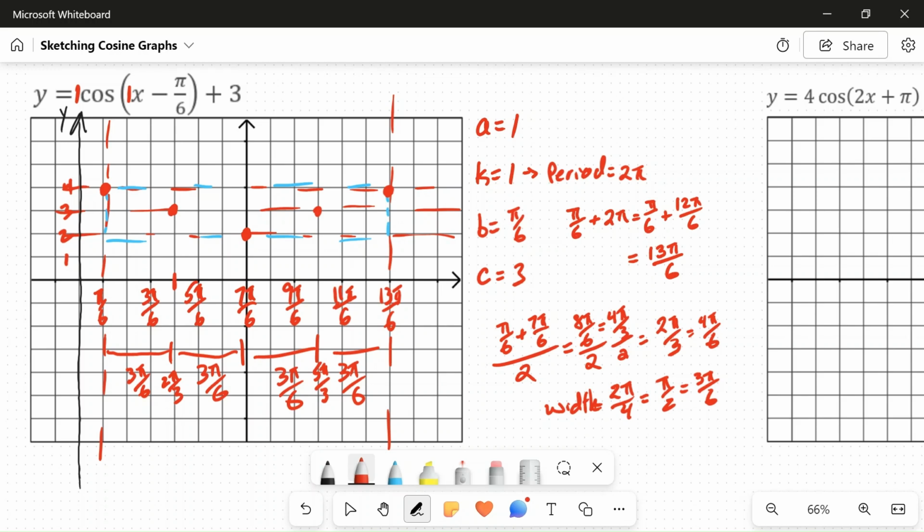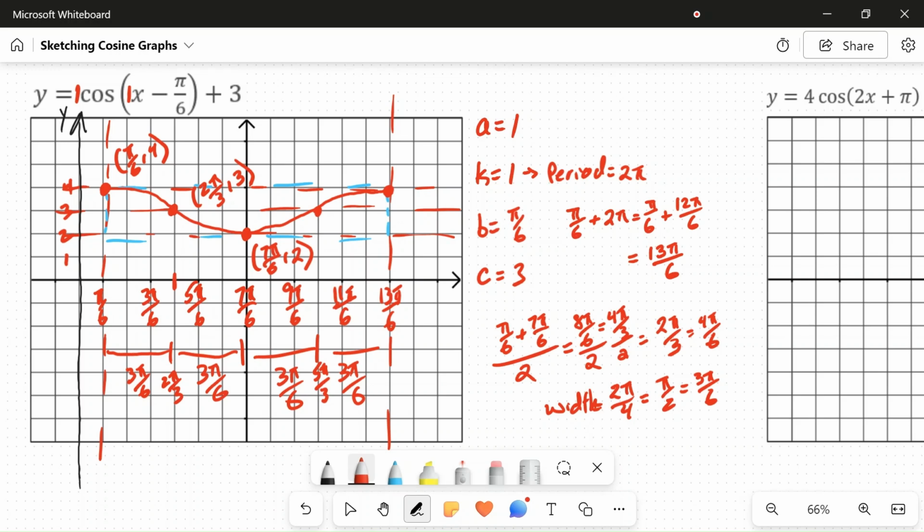All right. So our cosine graph is going to start at the top. It's going to go down to the bottom, and it's going to curve back up to the top. And again, if we wanted to list our points out, we're going to start at pi over 6, 4. Then our next point at the midline is going to be 2 pi over 3, 3. The minimum on the graph is going to be 7 pi over 6, 2.